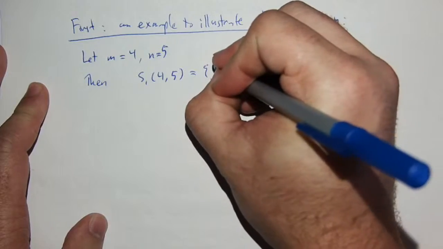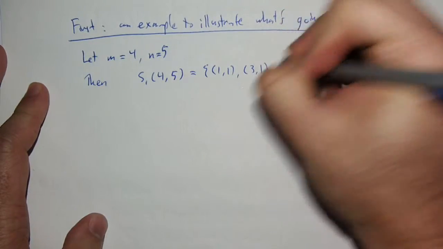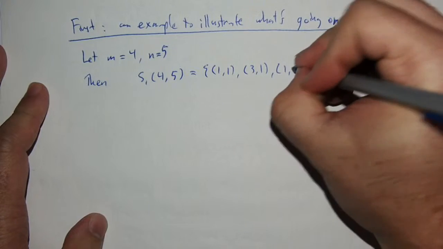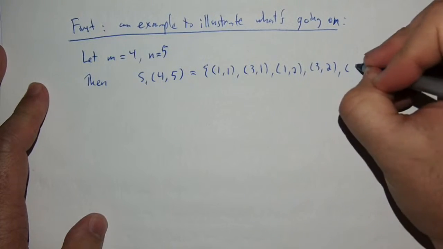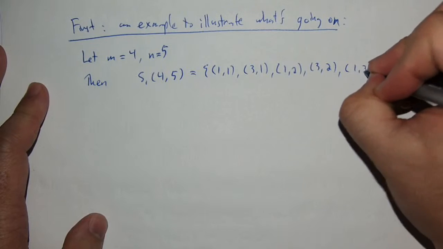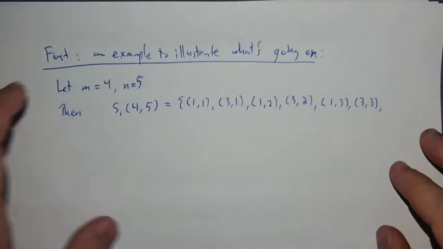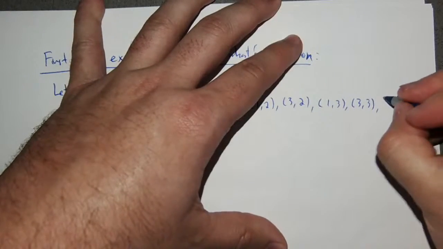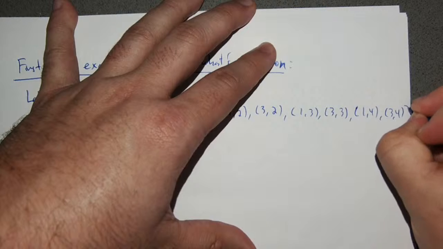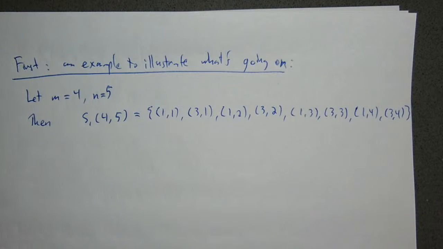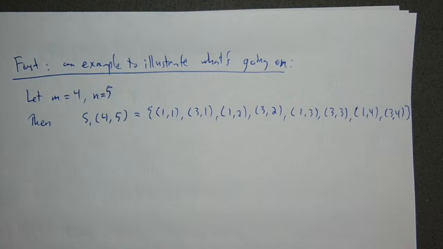Writing that out, this is (1,1), that's fine. (3,1) is fine. The next one is (1,2), and the next one is (3,2). The next one is (1,3), and then (3,3). And lastly, I have (1,4) and (3,4). Okay, and we can quickly check. This has 8 elements.